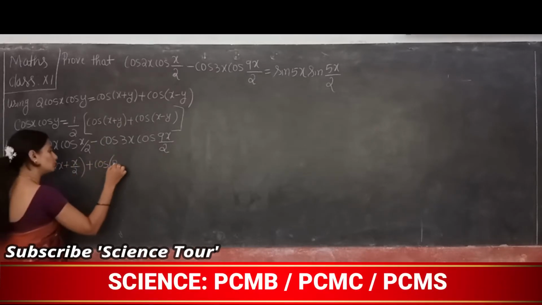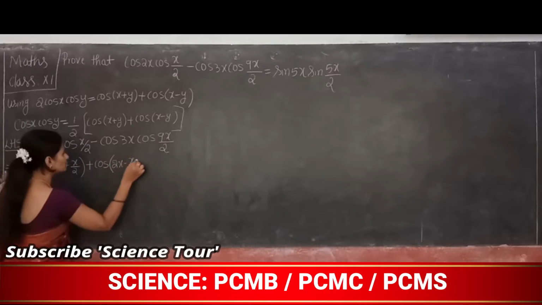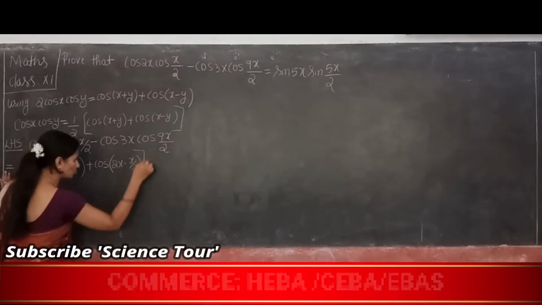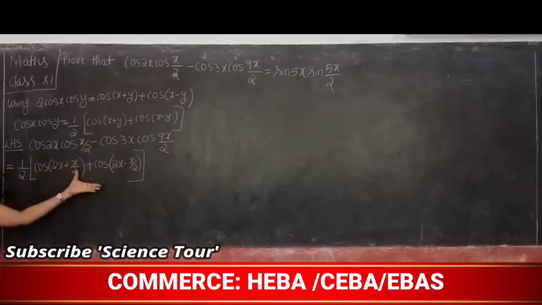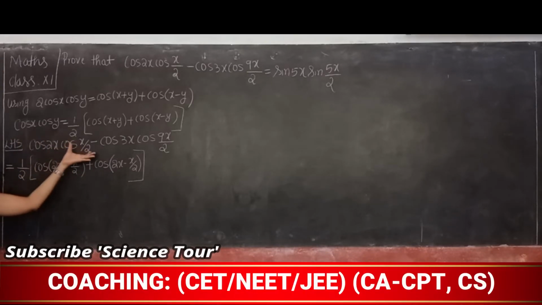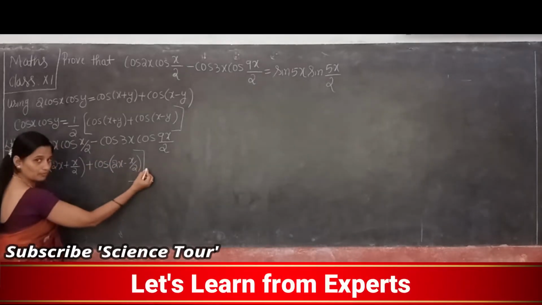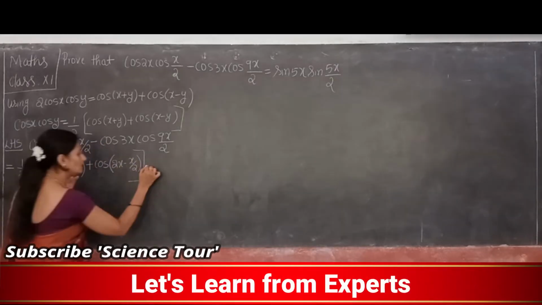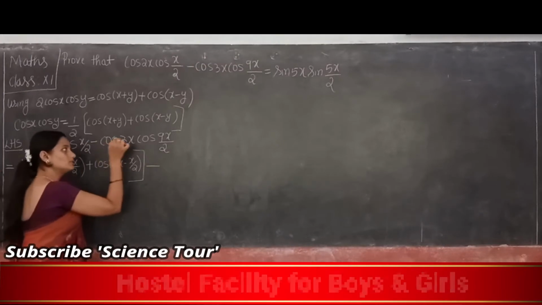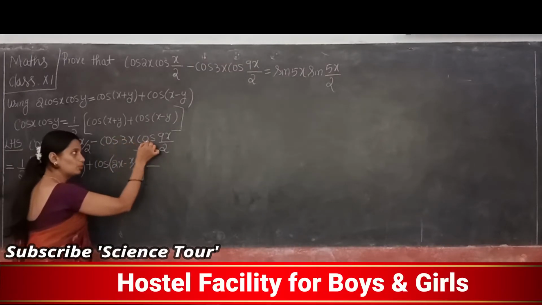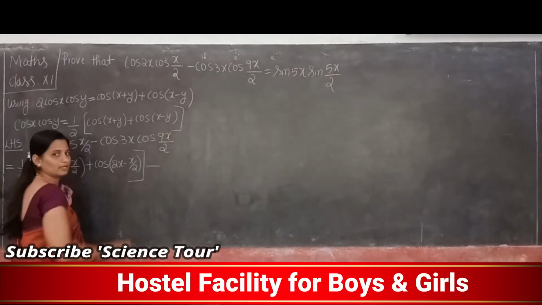X is 2x, y is x/2, plus cos(x-y), that is 2x minus x/2. So correct now? So this is for cos 2x into cos x/2. The formula is this one. Clear? Minus again cos 3x into cos 9x/2.